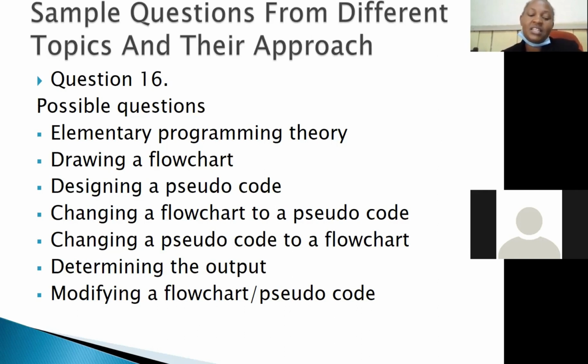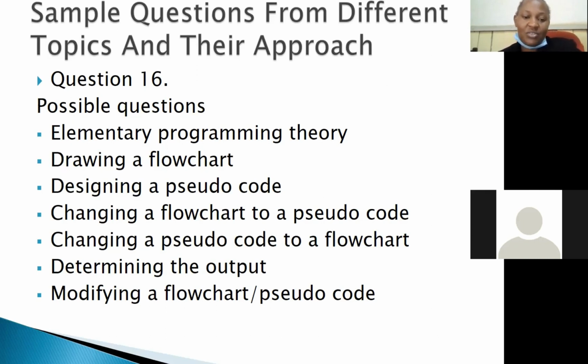Again, we have the determining of the output, whereby earlier I said a written dry run. At this point, you can use a table where you write the variables in different columns, and then you dry run your flowchart as you write down the variables, the way they are changing from one point to the next.